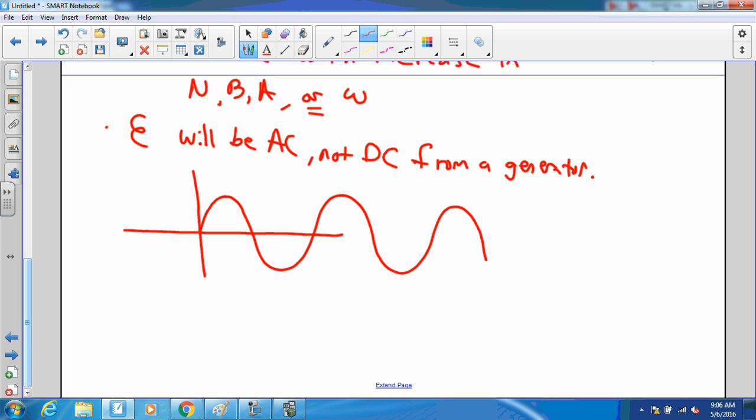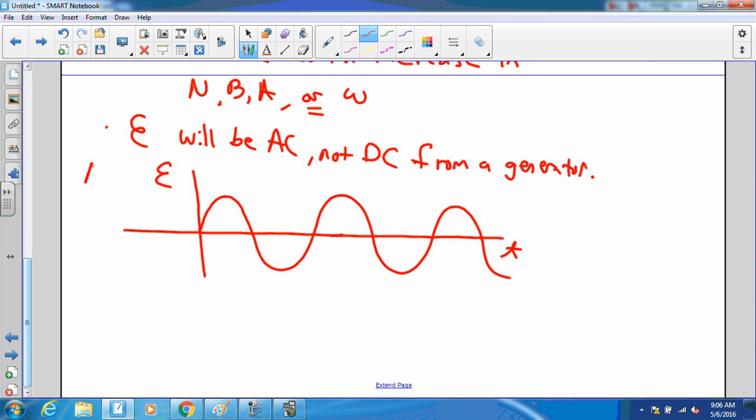when you take a look at a graph of the voltage versus time that's coming out of your wall socket or coming out of the generator, that voltage versus time is going to be varying very quickly. It will be alternating back and forth between plus and minus.